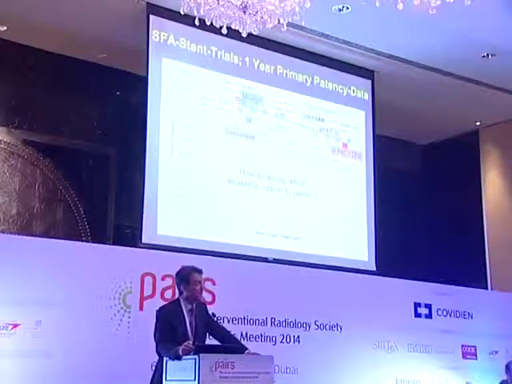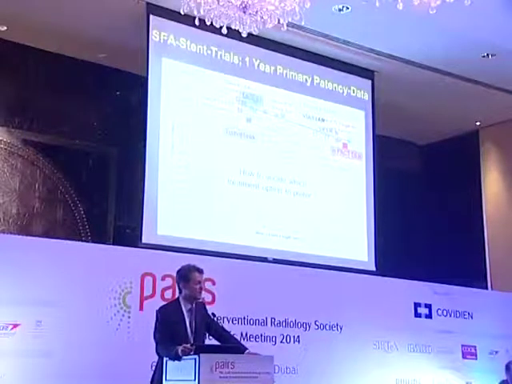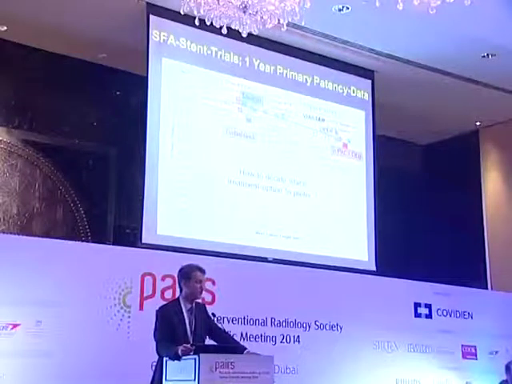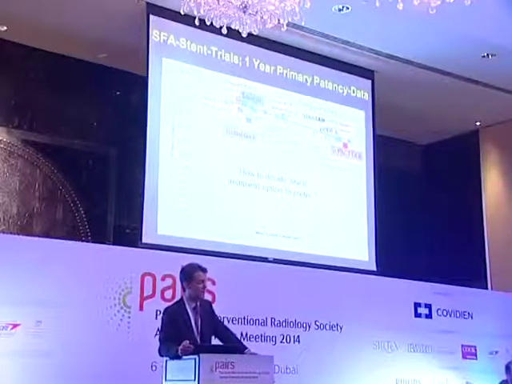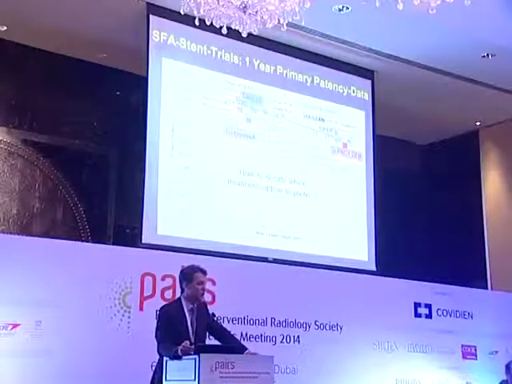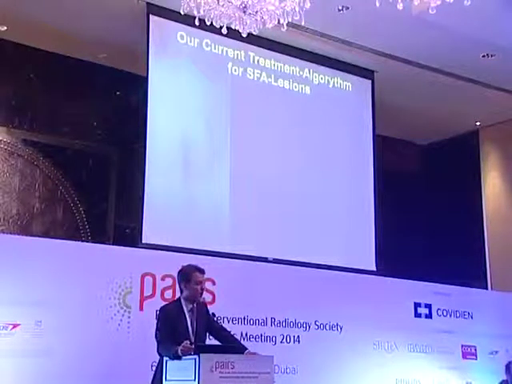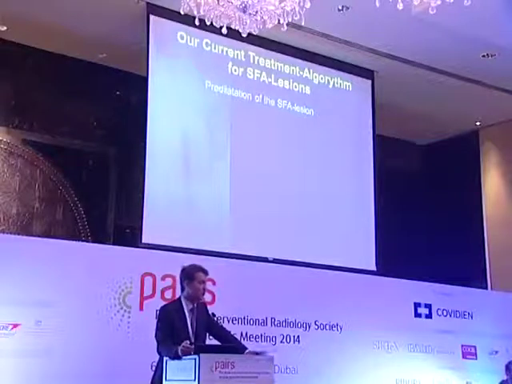So really, how to decide now which treatment should be used currently in SFA lesions? It's really not difficult, and I think we have to decide from one lesion to the other. I can only show you what we are currently doing in our lab. If we have an SFA lesion which is not too calcified, we predilate.